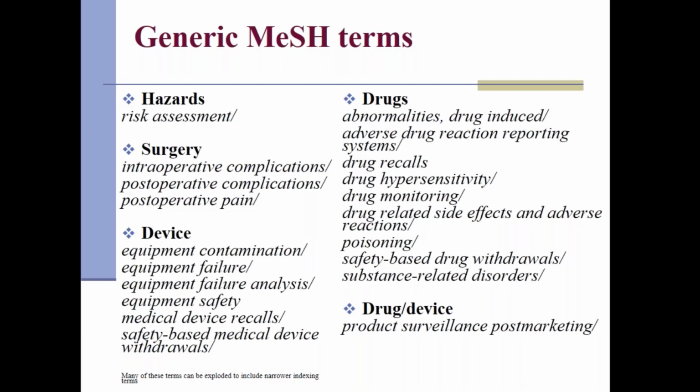If you've got a medical device that you're looking for the adverse effects of, terms of failure and safety and recall and withdrawals are more common. And drugs, again, there's some specific MeSH terms for drug adverse effects. So really do think about the type of intervention that you have.